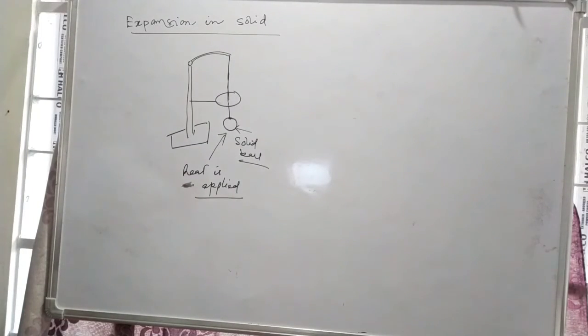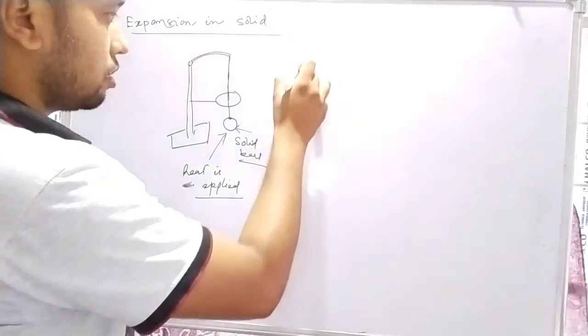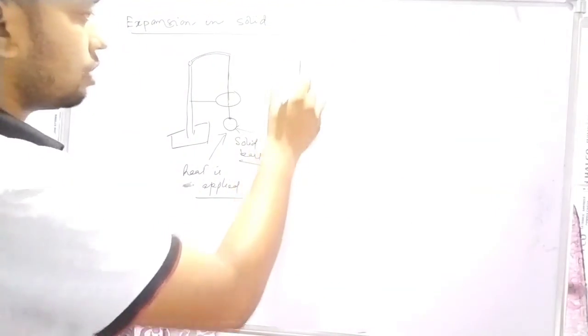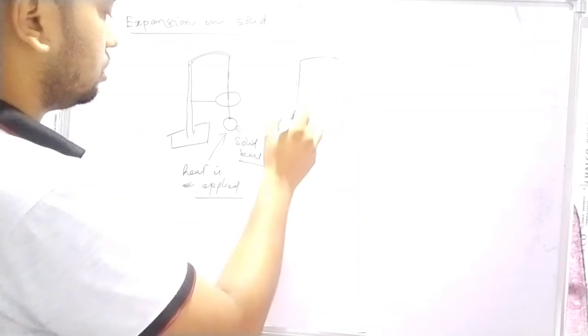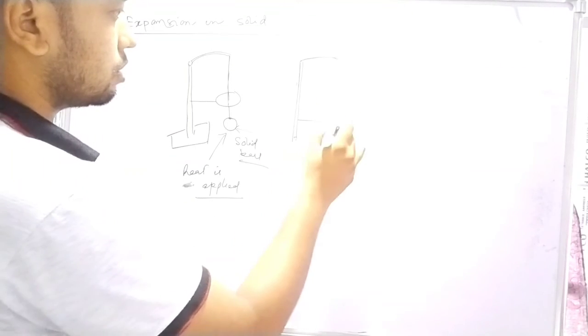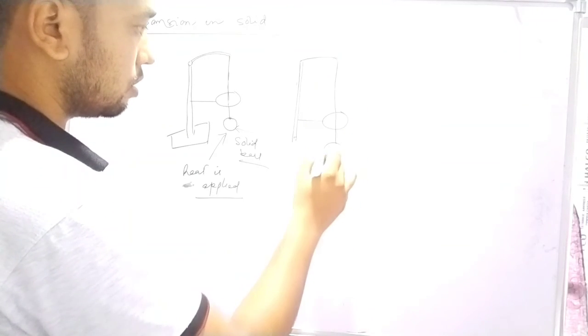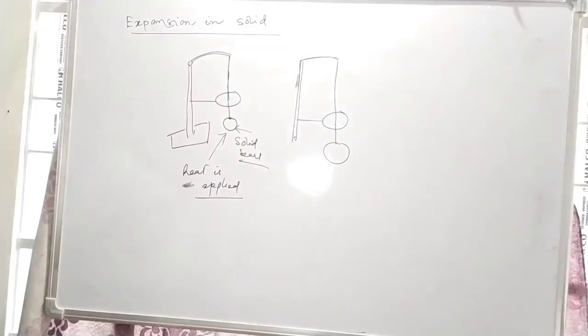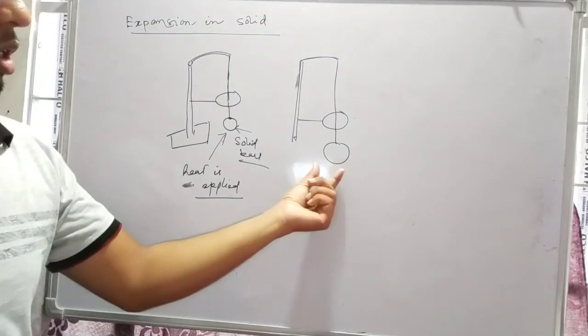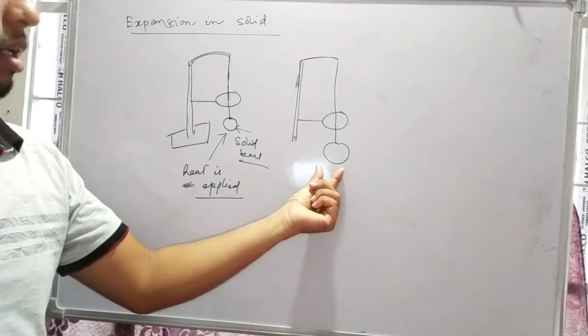So after a certain time, when we apply heat there, this was the ring, and this is the ball. So this is the position after heat is applied.